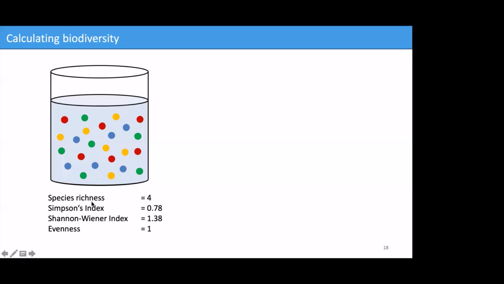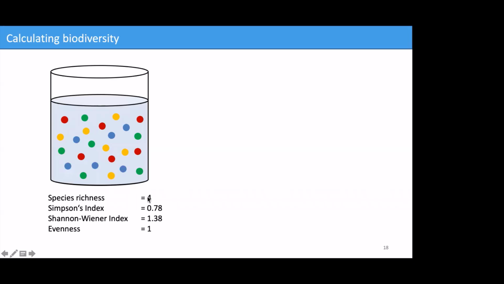Species richness is 4, that is the red, yellow, green, and blue, so there are 4. And then for each of these colors, for each species, there are 4 individuals, so 5 individuals. 1, 2, 3, 4, 5, 6, sorry. Okay, I think I'm getting cross-eyed now. There are 6 individuals, and the Simpson's index is 0.78, and the Shannon-Wiener index is 1.38.